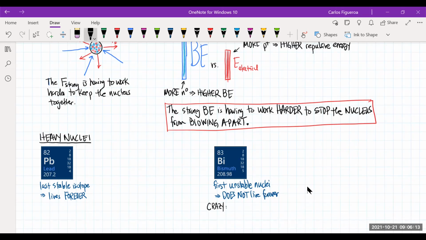So if I look at lead, it's 207, 82. And if I look at those numbers, this is 125 neutrons. And this guy gives me 82 protons. So when I look at its ratio, look how interesting this number is. This number is 1.524. This is a lot of sig figs.